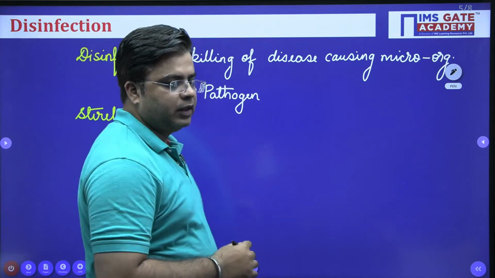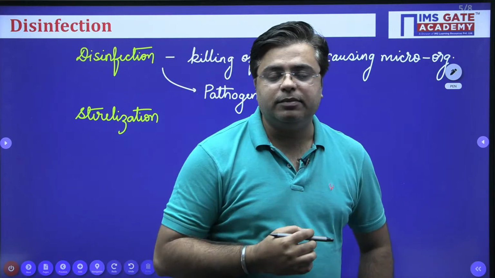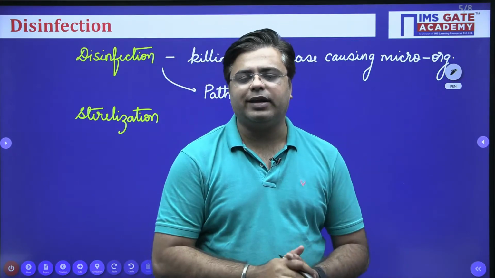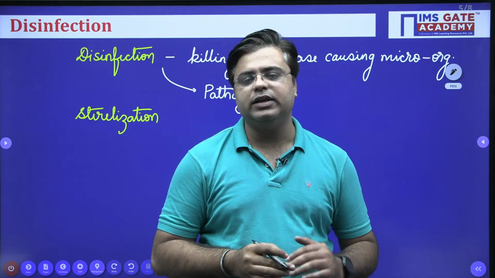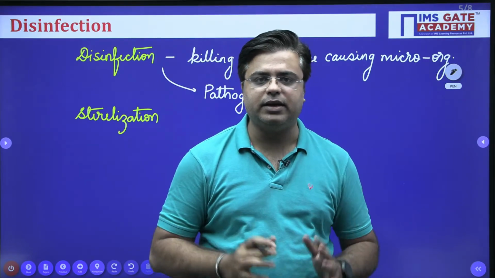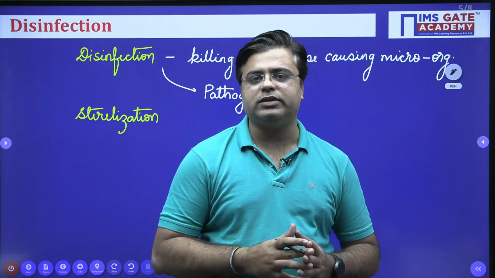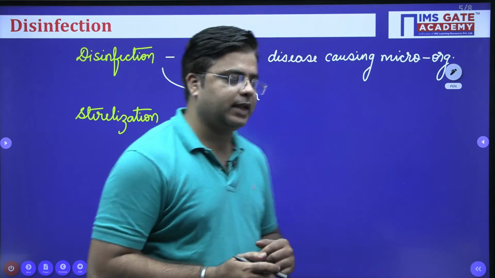Okay. What does sterilization mean? Sterilization means killing of all types of microorganisms, whether they are disease-causing or non-disease-causing, it doesn't matter. If we are killing all the microorganisms that are present in our water sample, it is termed as sterilization.